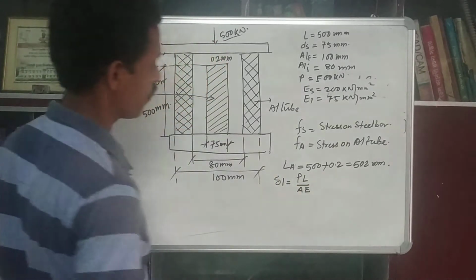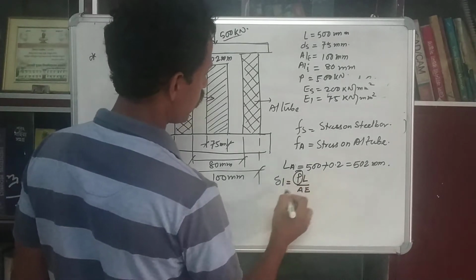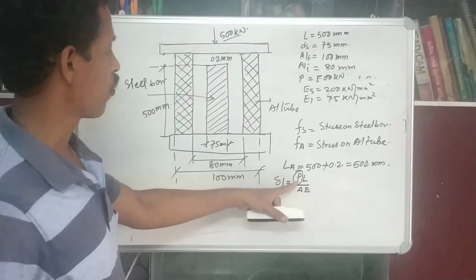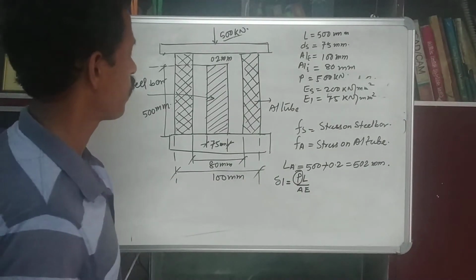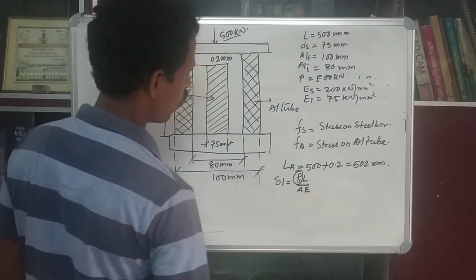So we need to find the load taken by the aluminum tube. We consider it P1.